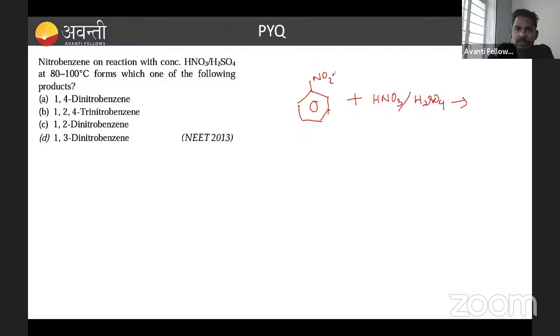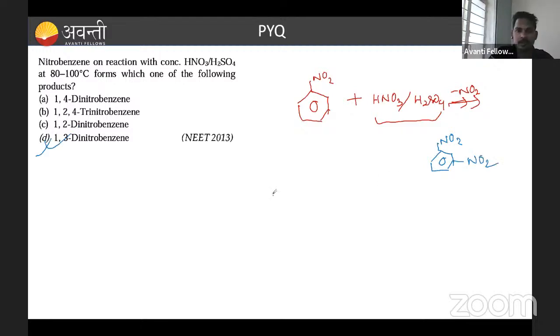We know this reagent does the nitration, meaning we are introducing an NO2 group. Which is the product we will get? The product is this one. NO2 is an electron withdrawing group, so this will give us the meta product.